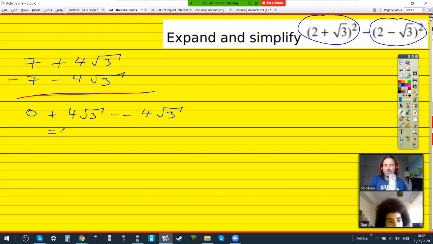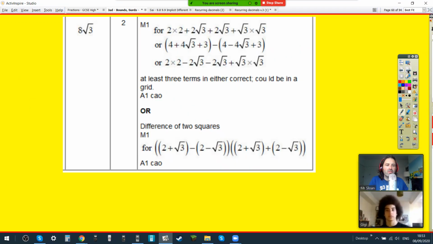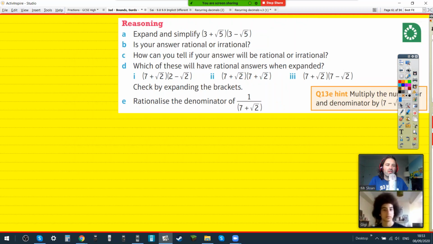So it would be 0 plus 8 root 3. Hold on. 8 root 3. Yeah. It has a minus minus. That's the trick. 8 root 3. Not bad.